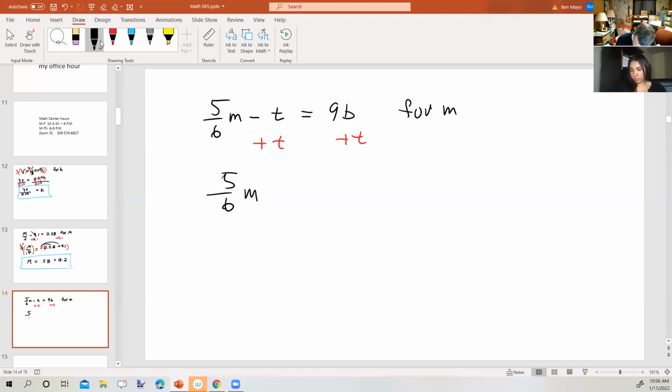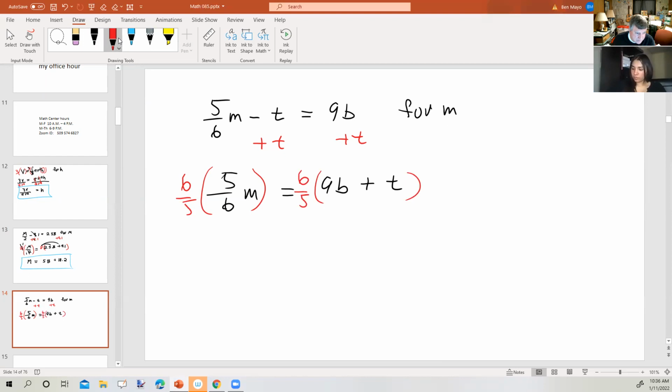So 5/6 m equals 9b plus t. You may recall, if you took Math 75, that when you have a coefficient that is a fraction, you can multiply by its reciprocal. I believe we looked at that earlier in this chapter as well. So I'm going to multiply both sides of this equation by 6/5.